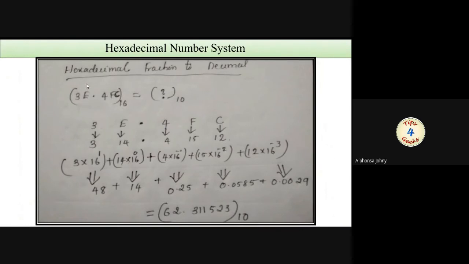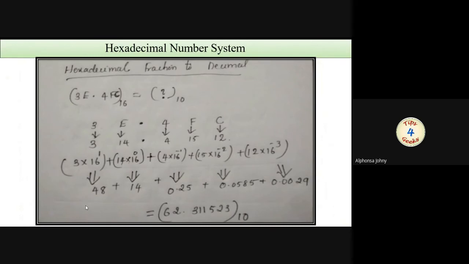Then we consider the numbers on the right hand side. So 4 into 16 raised to minus 1 plus F, that is 15, into 16 raised to minus 2 plus 12 into 16 raised to minus 3.